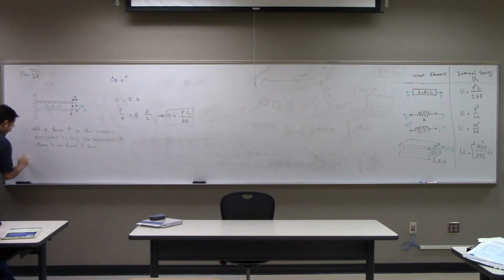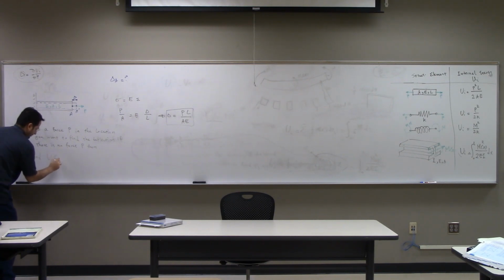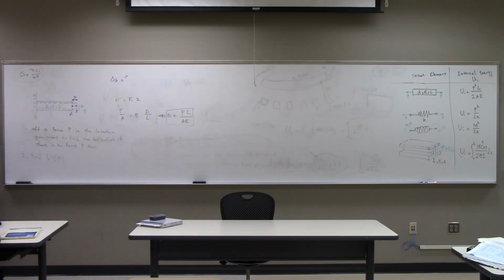Second, find internal energy in terms of that particular force P. So your internal energy also is not a number, it's a parametric function. Third, delta is equal to the derivative with respect to P.